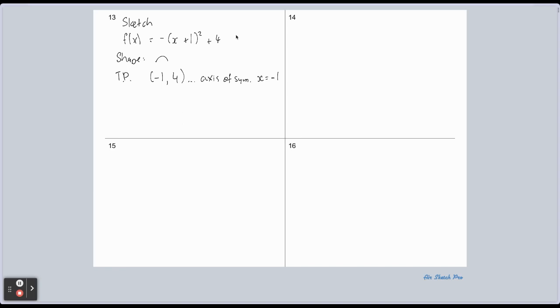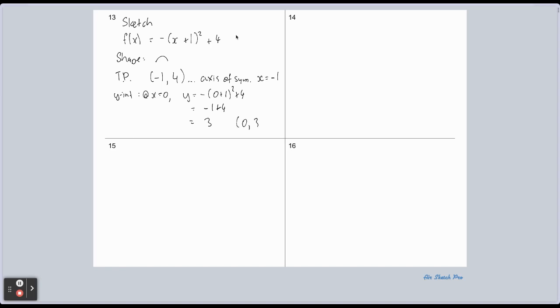But to complete the picture, we need to work out the y-intercept and the x-intercept. So once we've determined the shape and the turning point, we can then say the y-intercept is when x equals 0. That would make y equal to minus (0 plus 1) all squared plus 4, which is equal to -1, since 0 plus 1 is 1, squared is 1, plus 4, which is equal to +3.